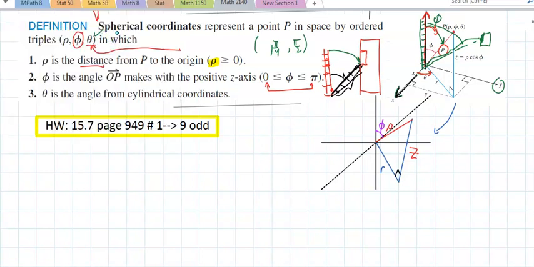Okay, now if I copied this right here, so basically the Z right there, the R right there, and the rho right there, and there's the angle phi.